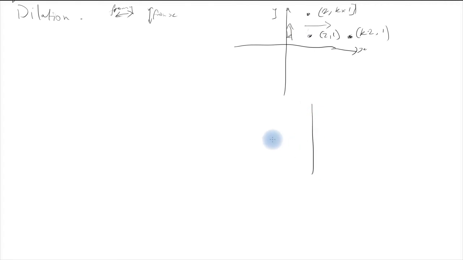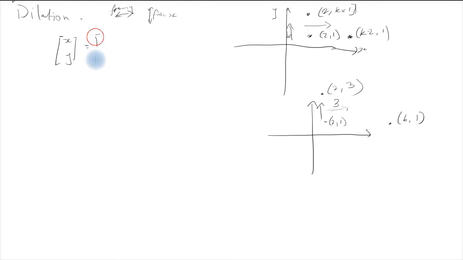Let's do a specific example. We start here at 2, 1, and say we want a dilation of a factor of 3. That means we'd get 6, 1 as our coordinate point. Or if we want to go up by 3, our new point would be 2, 3. Let's try this out. We want to take our original point x, y and do the dilation from y, stretching it across.